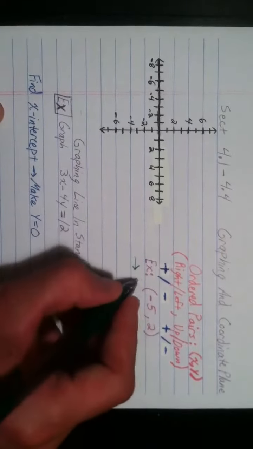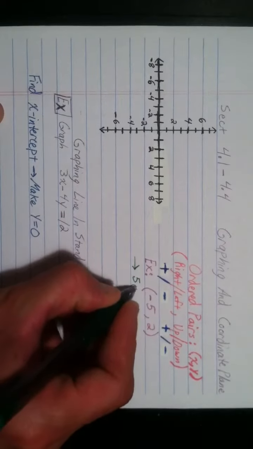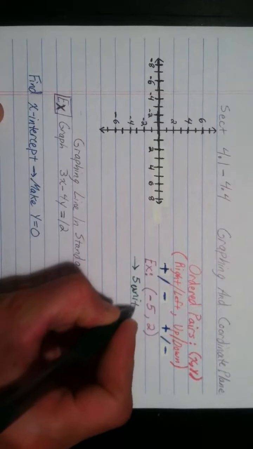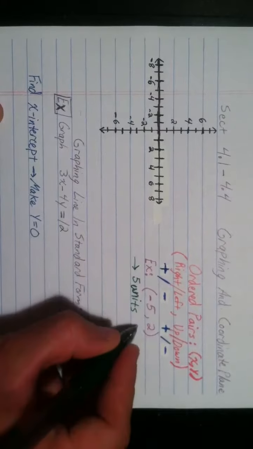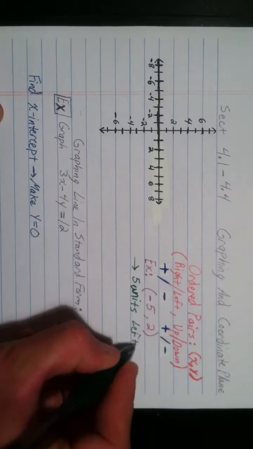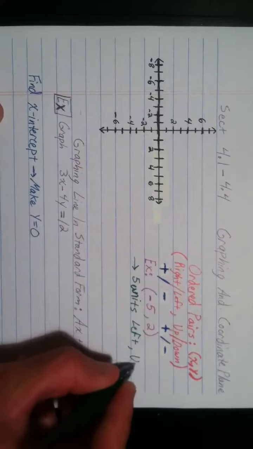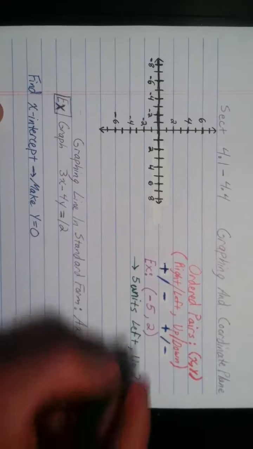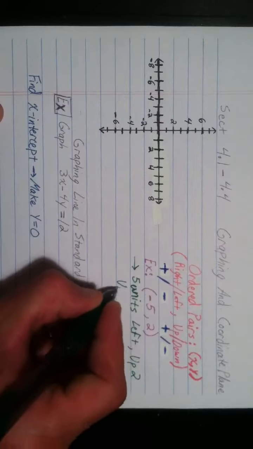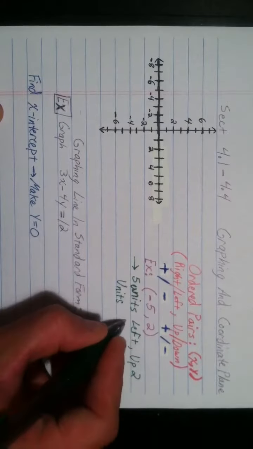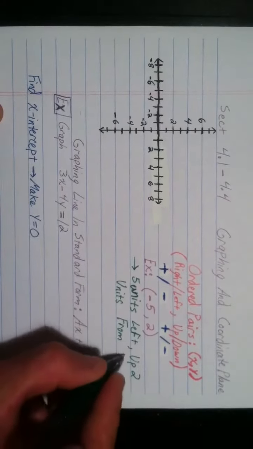So your directions are going to be 5 units left and up 2 units from the origin.